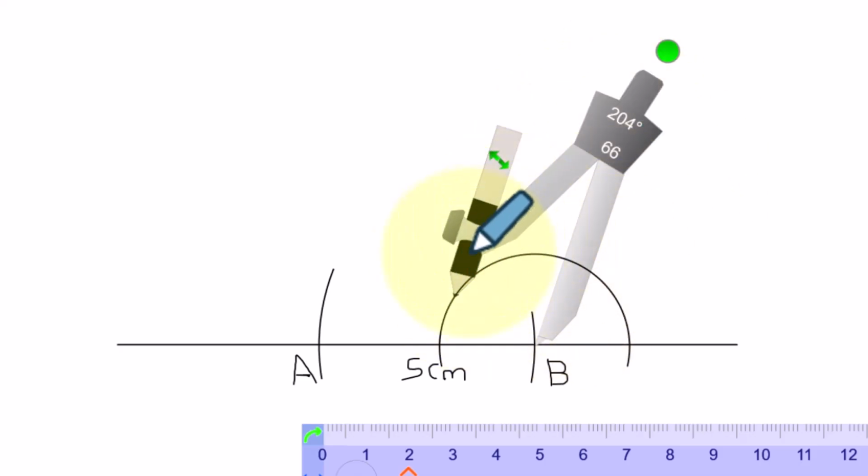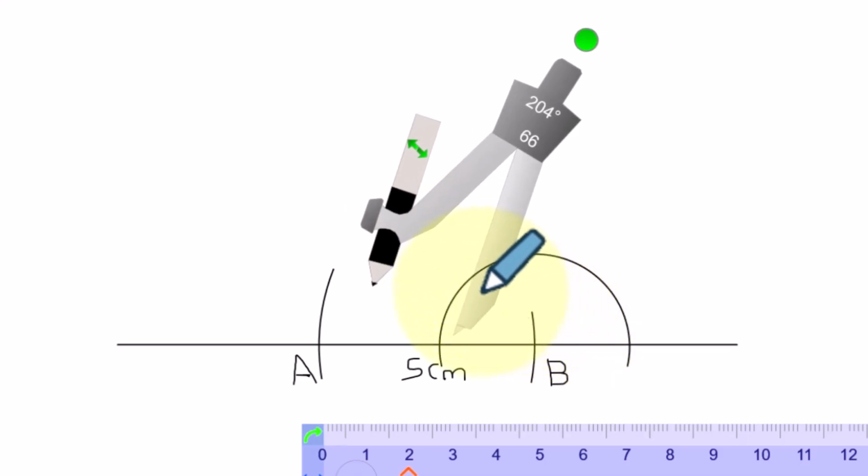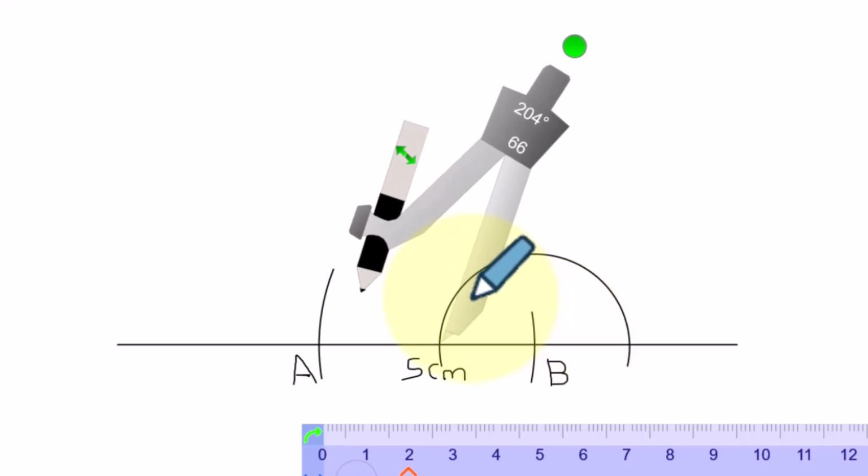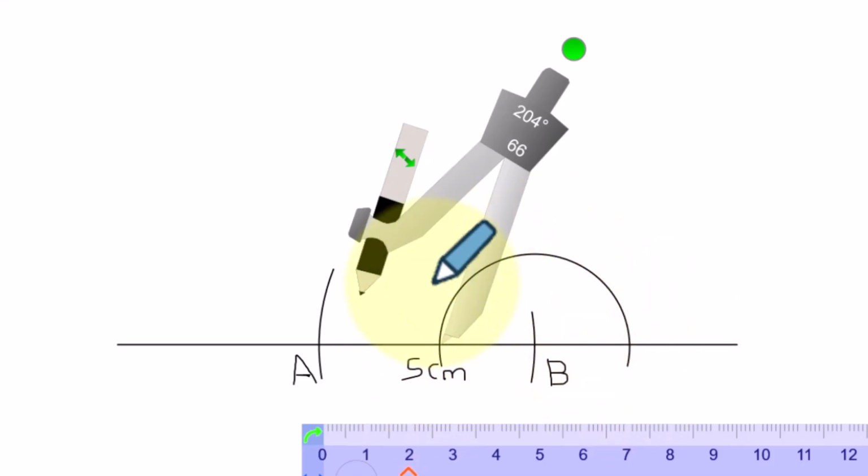Immediately you finish this one, 180, carry this pin. Do not touch the pencil. Do not change this radius. Carry this pin, drop it here. Drop it where this arc of 180 touches this line. You see where this arc of 180 touches this line. Drop it on this place.